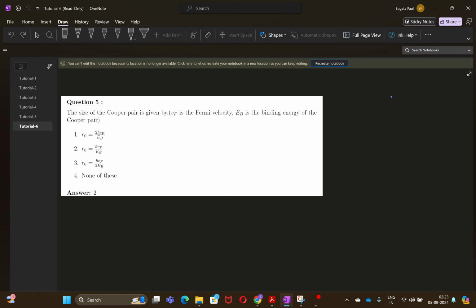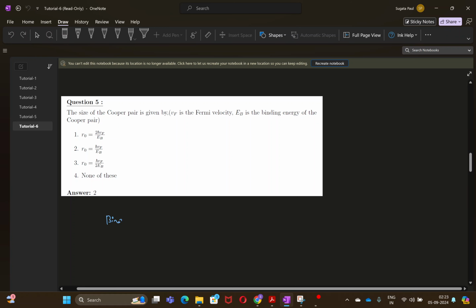So basically, the binding energy of the Cooper pair, that means the minimum energy that is required to actually break the Cooper pair, is Eb, right, as mentioned in the question. So the binding energy of the Cooper pair equals Eb.